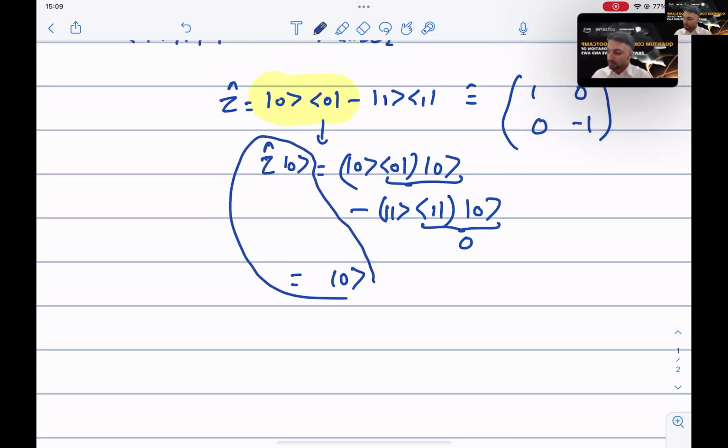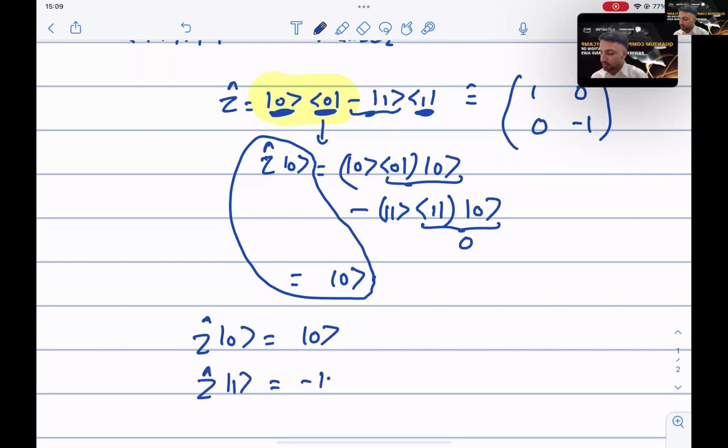We could mathematically verify it, but we can actually just read it off. We can read it off by saying that it takes input vector 0 and leaves it unchanged, but it takes input vector 1 and gives out -1. So basically z acting on 0 is 0 and z acting on 1 is -1.